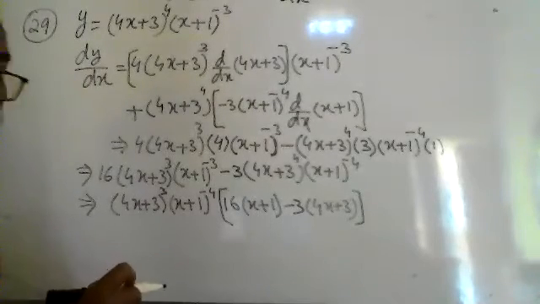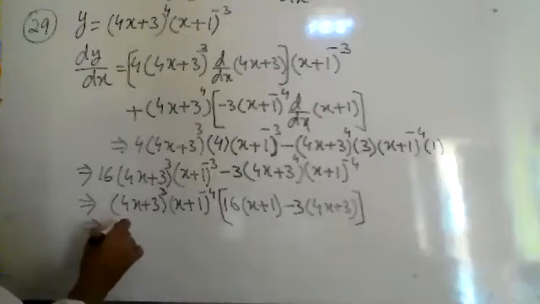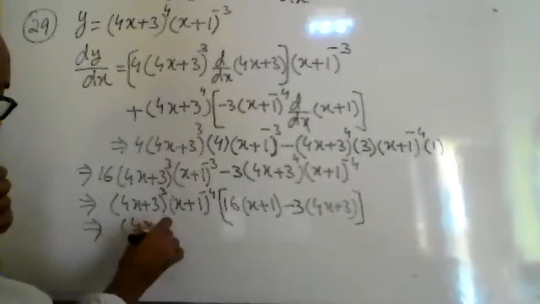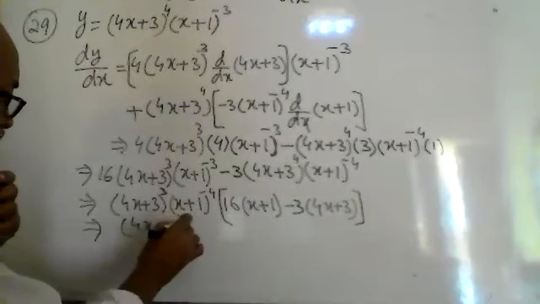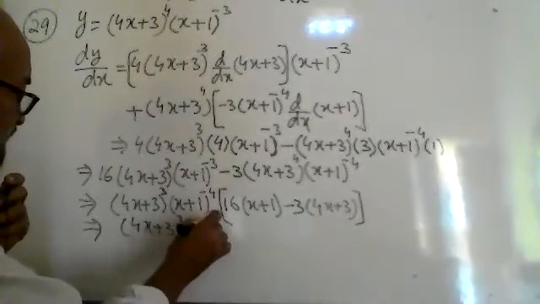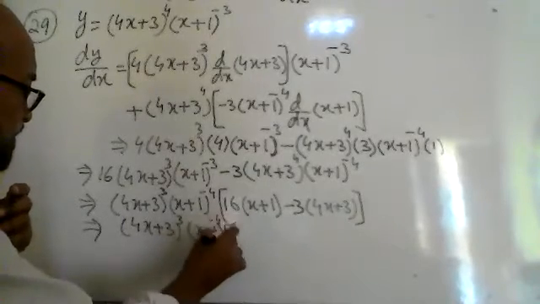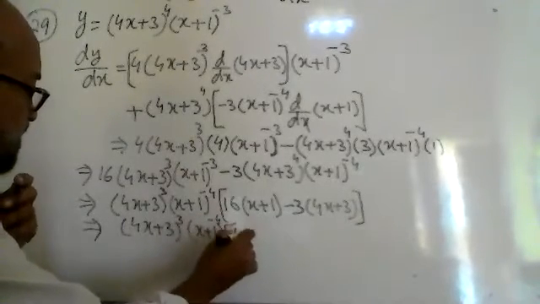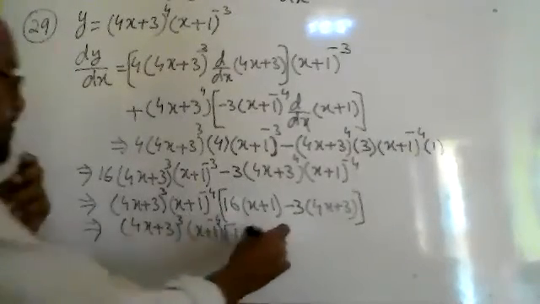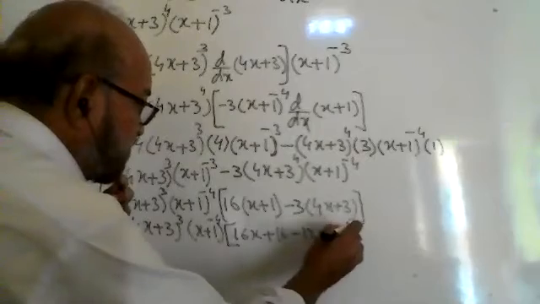Okay, now we simplify this one. This is as it is. 4x plus 3 raised to power 3 into x plus 1 raised to power minus 4 into 16x plus 16 minus 12x minus 9.